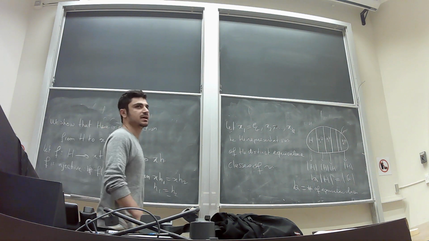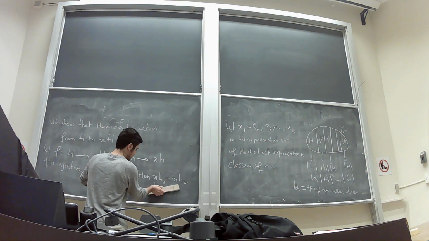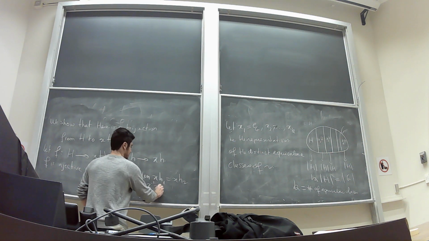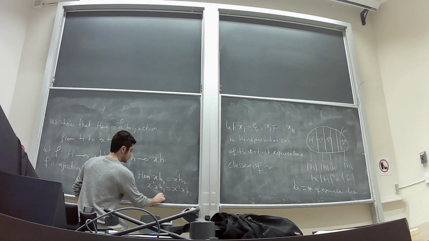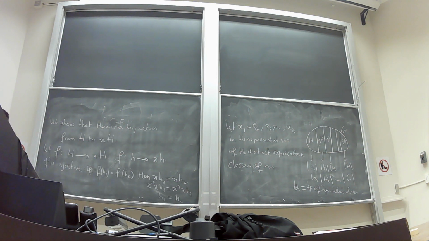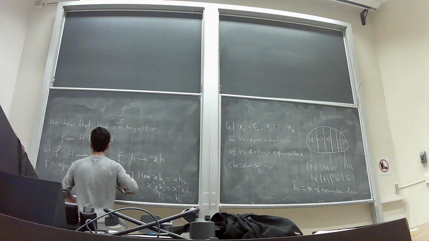I mean multiply by x inverse on the left, right? x inverse xh1 is equal to x inverse xh2. So h1 is equal to h2. Okay? I want to do it the easy way.